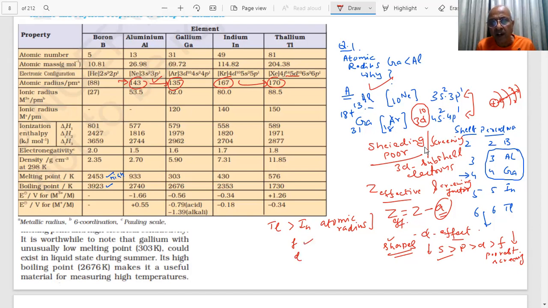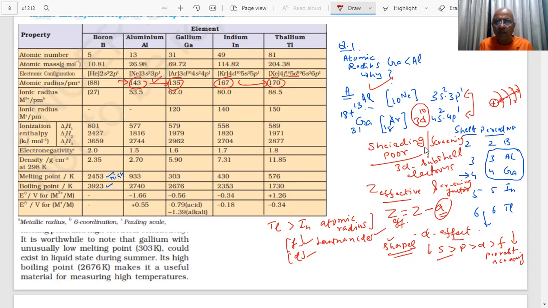D effect, F effect, the lanthanide contraction also we discussed, in lanthanides. So here, interesting thing, in this group number 13, I am able to see both the screening due to D and F subshells. Important point: in a particular group, both of these may not be there, so then I won't experience that trend.